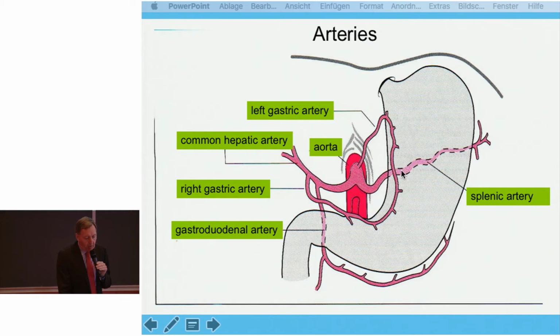On the left side is the splenic artery, on the right side is the common hepatic artery, but you have as well the left gastric artery, and sometimes you see as well the gastroduodenal artery if you go downwards from the level of the common hepatic artery.